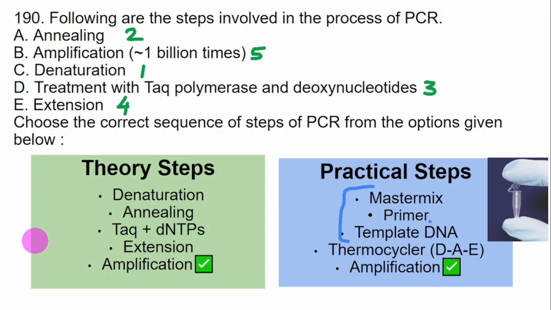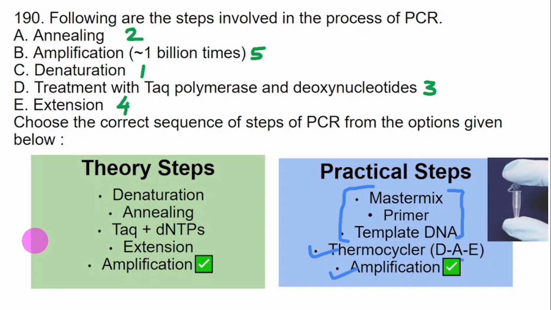Primer is used for sequence specificity, and the template is your gene of interest. So this cocktail is prepared and added in this Eppendorf tube. Then the lid is closed and it is put in the thermocycler. The thermocycler will have the denaturation temperature, annealing temperature, and extension temperature all set in a program, and it will cyclically follow the program for 30 cycles.